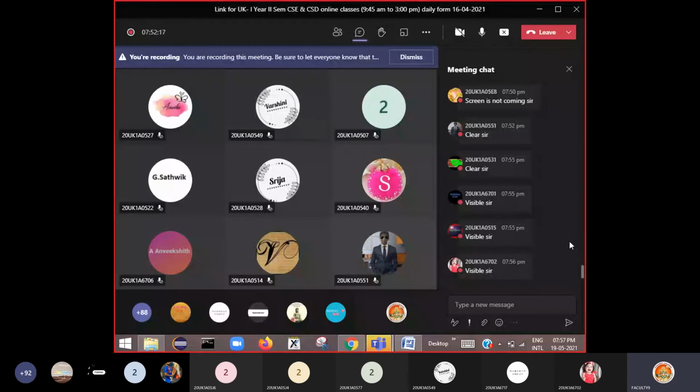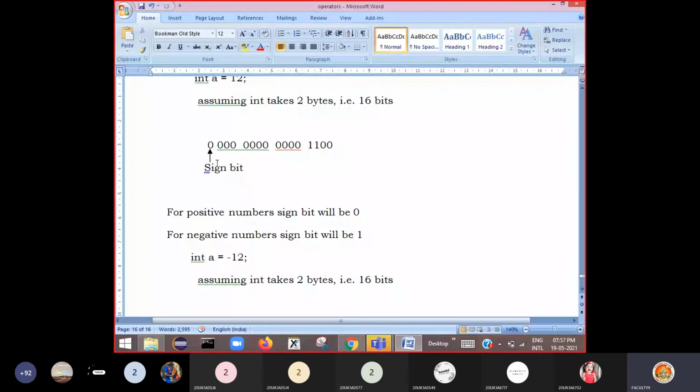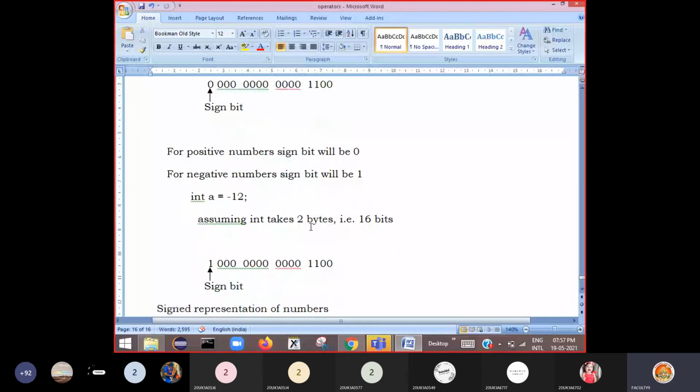There are a lot of things, friends, to discuss actually. If you go and dig into the subject, so many things are there. These seem to be beyond the syllabus, but for a computer science student, these are required. If you take the subject in this way, then covering your syllabus will be difficult.